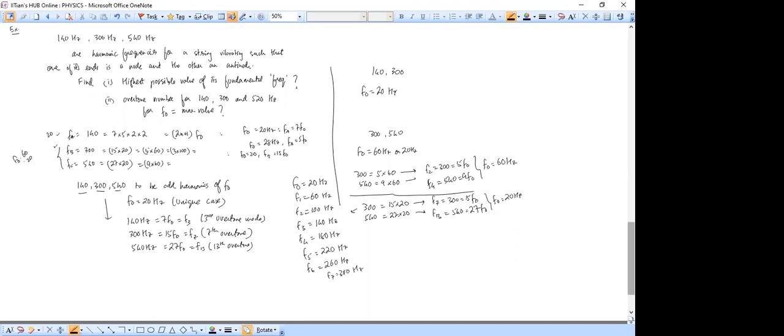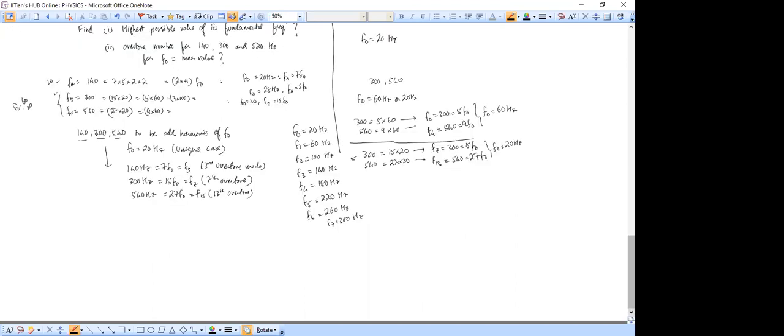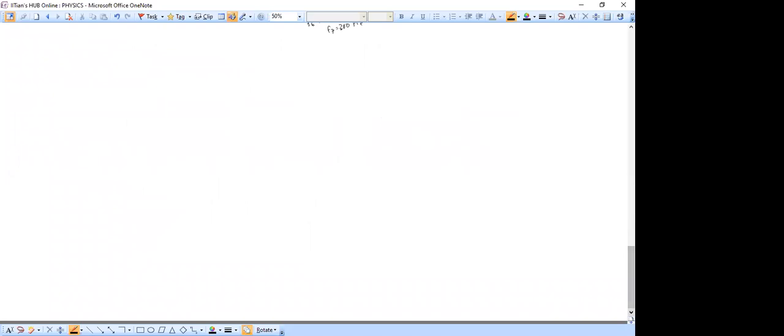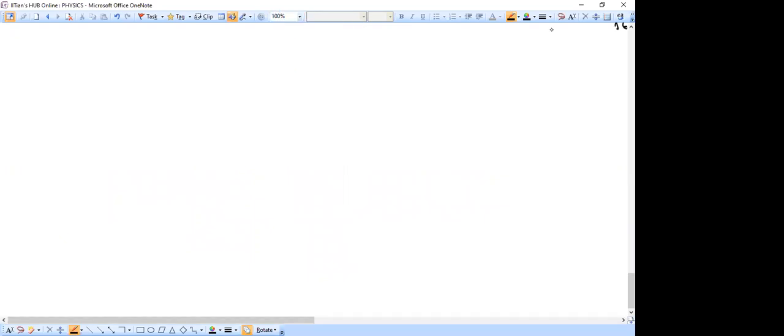Okay, next up, let us look at a question with more things about the equation of standing wave and all that. Okay, so we'll do a question similar to one we had done last time, but with both the boundaries being rigid.